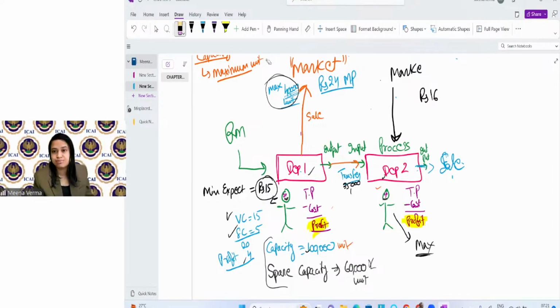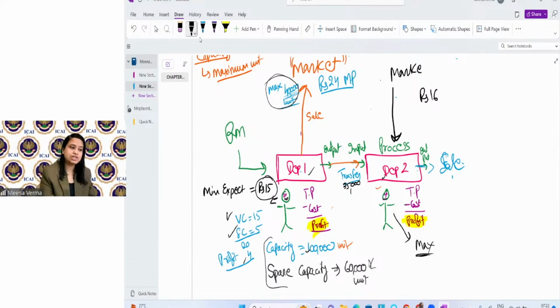If the manager of department 1 says, no, I will not transfer you the goods, then the manager of department 2 has the option to buy the same product from the outside market at rupees 16.